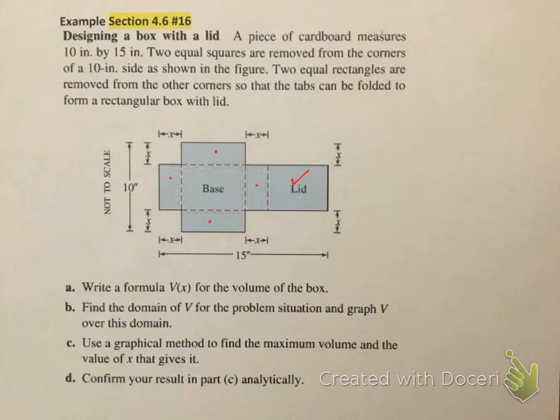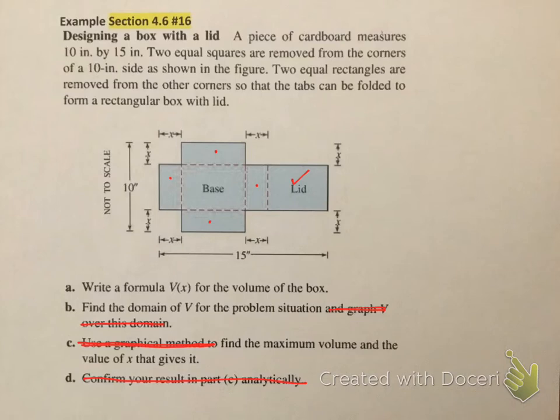All right, let's look at what we're supposed to do. I'm going to get rid of some things here that you are not responsible for. So we need to write a formula, V of x, for the volume of the box.